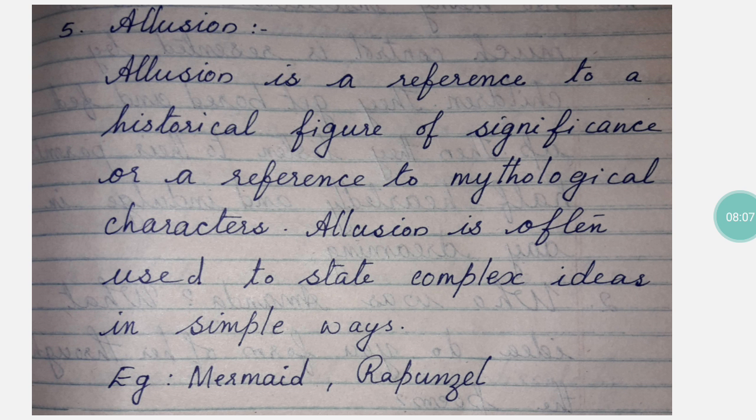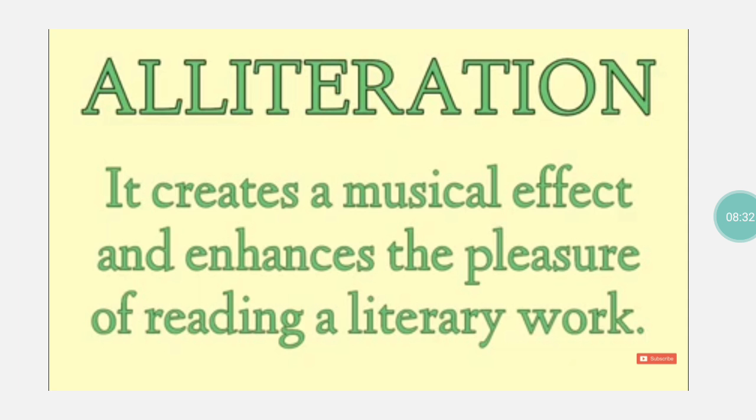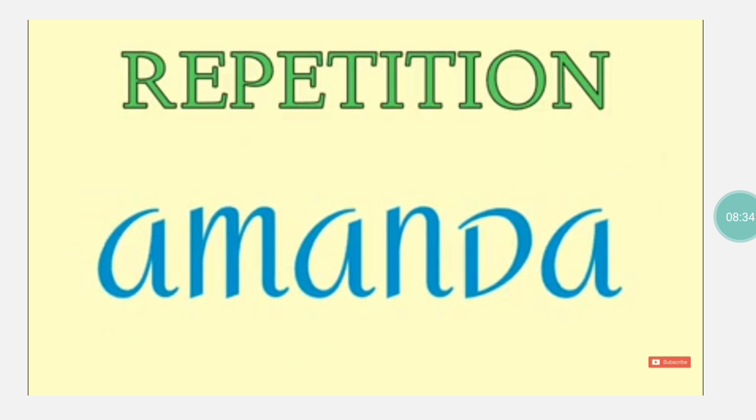Here we can say mermaid and Rapunzel are two mythological characters. So that is the usage of allusion. Example, mermaid and Rapunzel. I hope you understood the rhyme scheme and the poetic devices used in the poem Amanda.